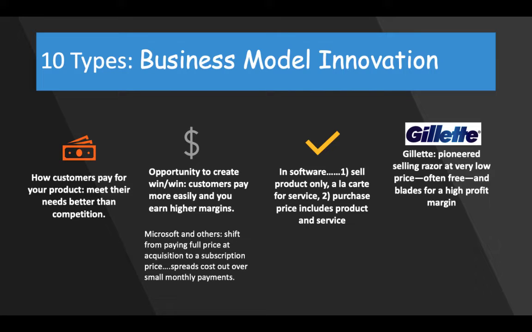a big innovation. Gillette probably pioneered this by business model innovation in many ways, because what they did was sell the razor at a very low price. Often early on you could get it for free. So they get the razor handle in your home, and then you had to pay to get blades. And blades were where they made the high profit margin.